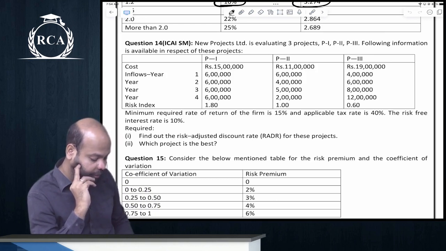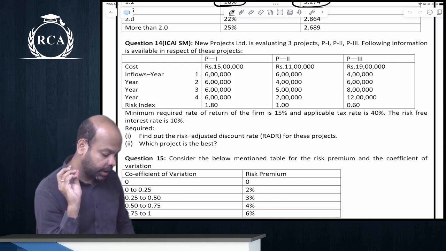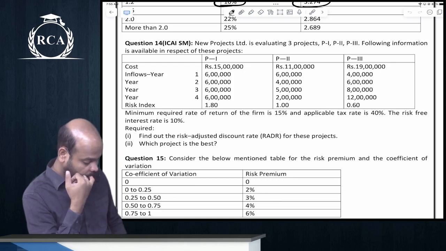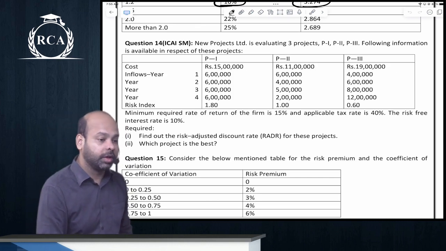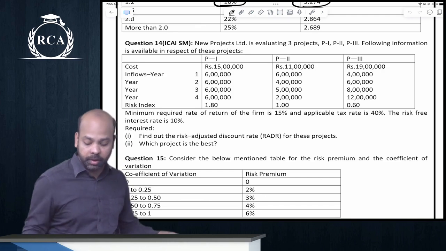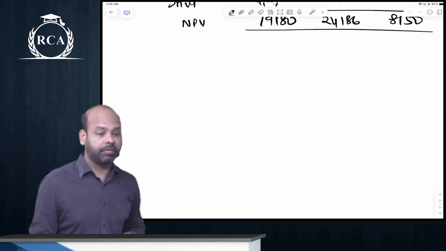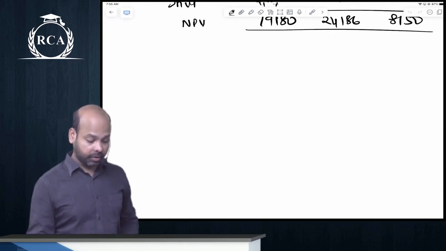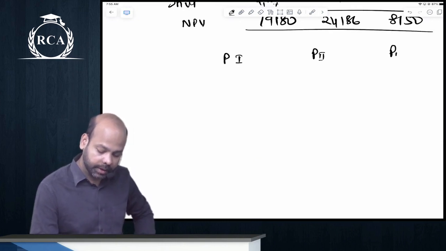That is a risk index of 1. So the risk premium is 5% for a normal risk project, that is, the risk premium is 5% for a risk index of 1.